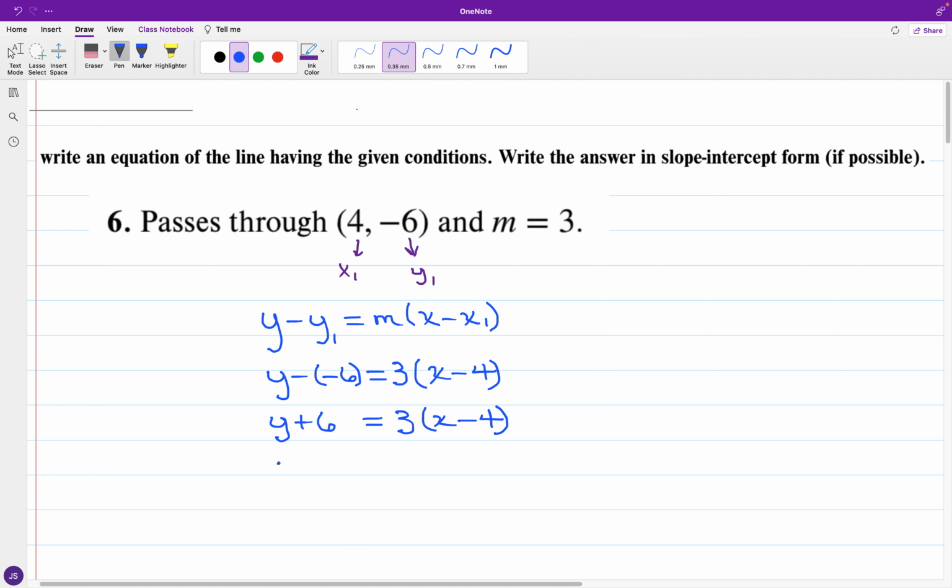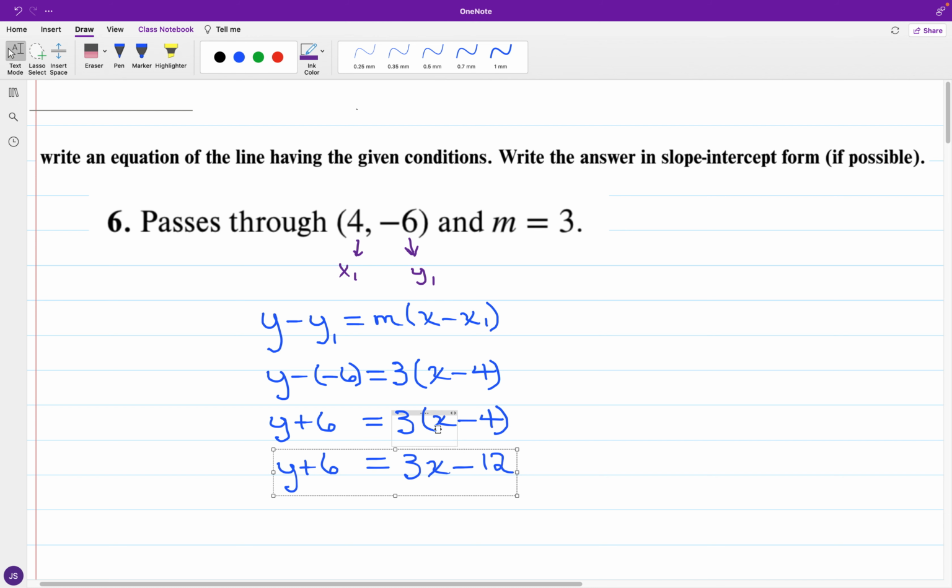So we can continue, and the object is going to be to isolate y. I can proceed by eliminating the parentheses. Upon distributing 3 over the quantity of x minus 4, I'm going to have that y plus 6 is equal to 3x minus 12. All right, so I have y plus 6 is equal to 3x minus 12.